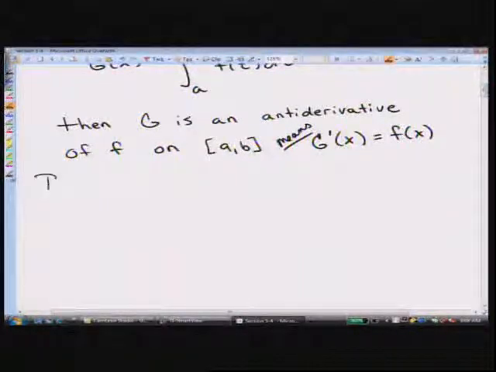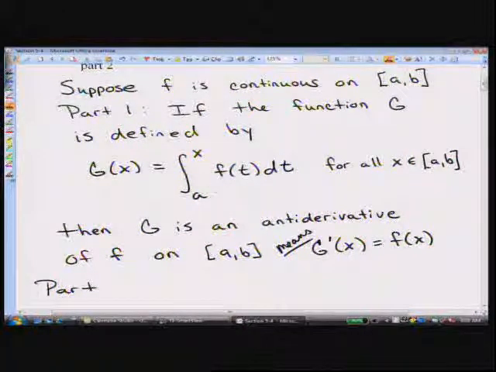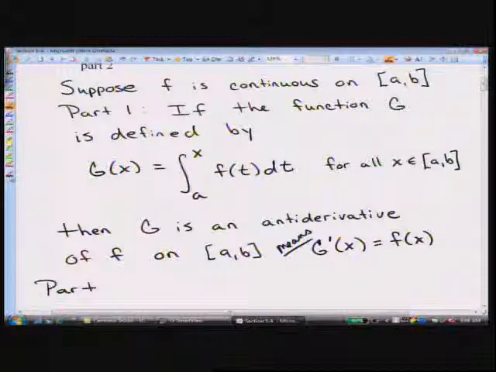Part 2 is the really cool part. Excuse me? Yeah? Can you explain the last part one more time? Okay. If g of x is equal to the integral from a to x, this is just a function. I've just defined it to be this integral from a to x of f of t dt. Then we can say that g is an antiderivative of f on [a, b].